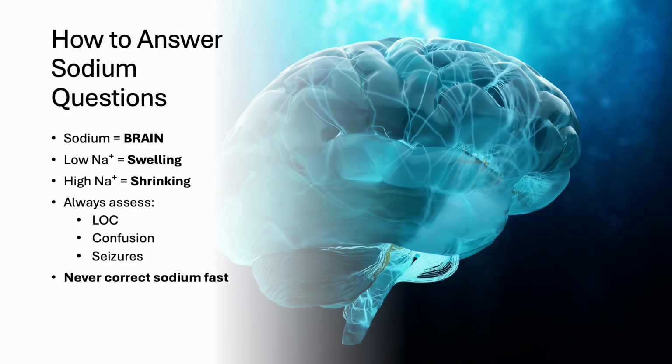This would include the level of consciousness of the patient and also assessing for changes in confusion or active seizures. And most importantly, never correct sodium quickly. If you can remember these key ideas, you'll be able to answer most sodium questions correctly, even if that question does look a little complicated.